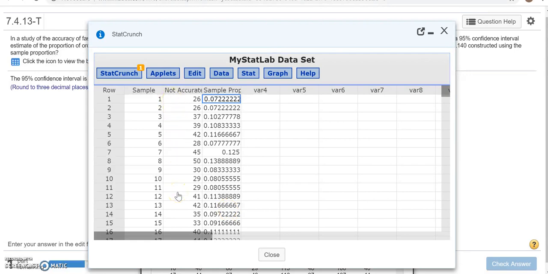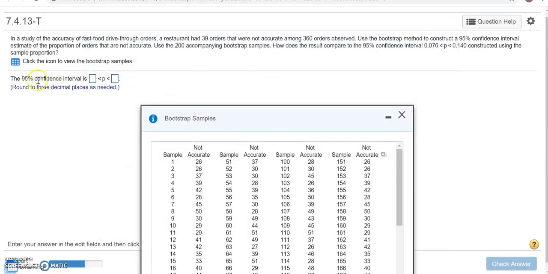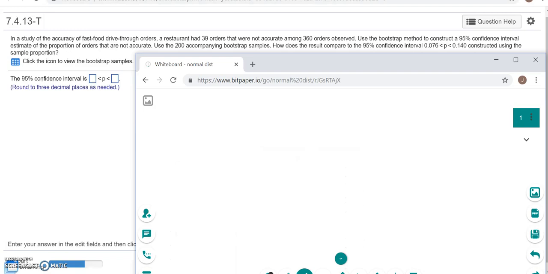Now I need to figure out my confidence interval using the bootstrap method from all of these sample proportions. I was looking for a 95% confidence interval. Let's remember what that's going to look like. For confidence intervals about a proportion, we were using the Z distribution, which is the standard normal distribution. If I were to graph this distribution, I would get that nice bell-shaped curve.